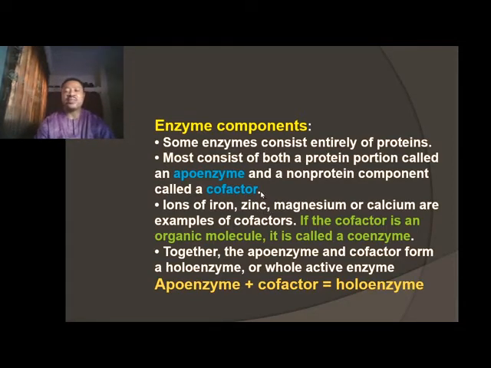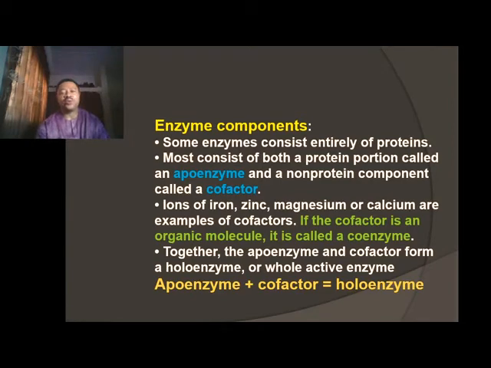If this cofactor is an organic molecule, then we refer to the cofactor as a coenzyme. The coenzyme or cofactor, as the case may be, is usually attached or conjugated with the apoenzyme to form the full enzyme. Together, the apoenzyme and the cofactor form the holoenzyme.